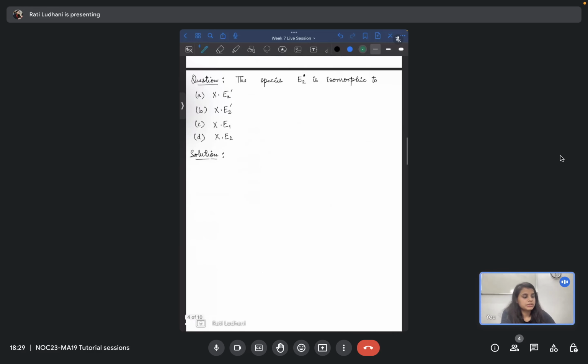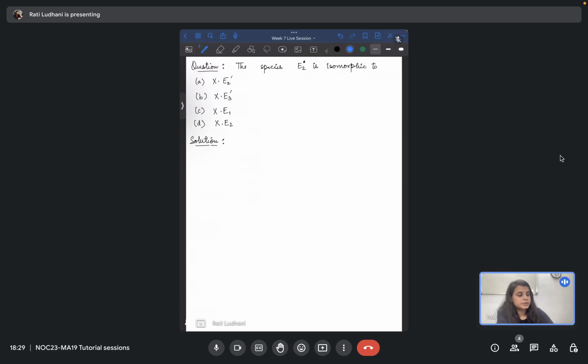Let's move to the next question. The species E2 dot is isomorphic to which of these? Okay, let's see, what is E2 dot? Dot is the pointed species.